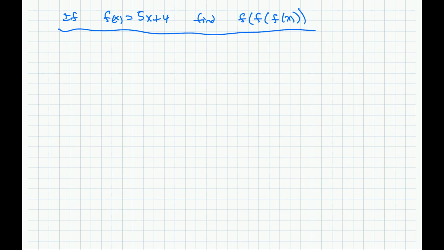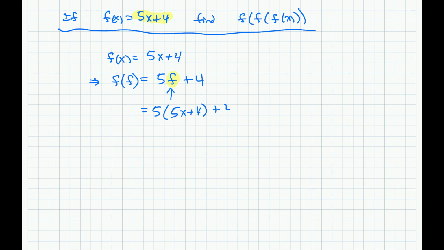Well, the same as we've talked about before. f of x is 5x plus 4. So f of f is 5f plus 4. Replace the x with an f. And then for the f, we have to replace that f with the formula for f. So you put in 5x plus 4 for that f, and you get 5 times (5x plus 4) plus 4.